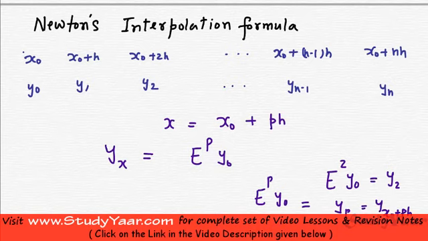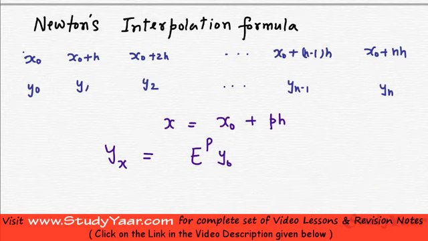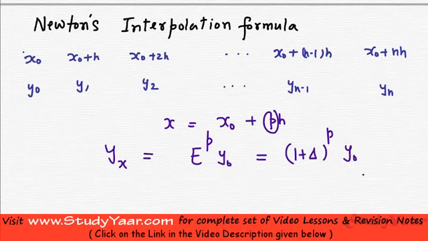So you have E raised to power p y0, which you want to find out. Now we know that E is equal to 1 plus delta, so I have 1 plus delta raised to power p on y0. You can have this as small p because we have taken it as small p.